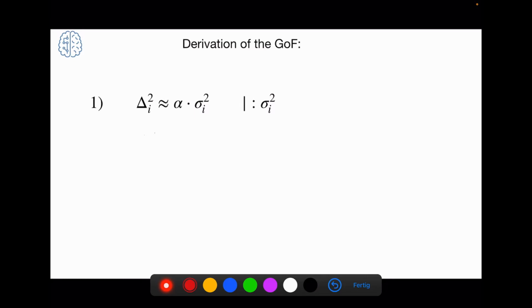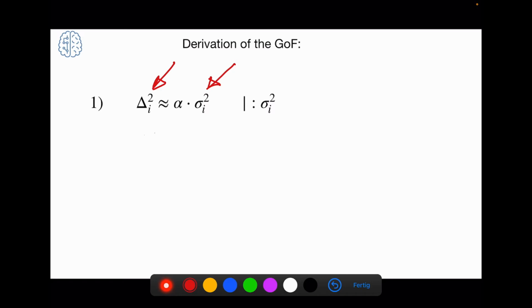So this equation just expresses that it is assumed that delta squared can be explained by statistical fluctuations of the observed intensity. And in that sense, it's valid only if there are no systematic errors in the data set, and also if the standard deviations are correct.